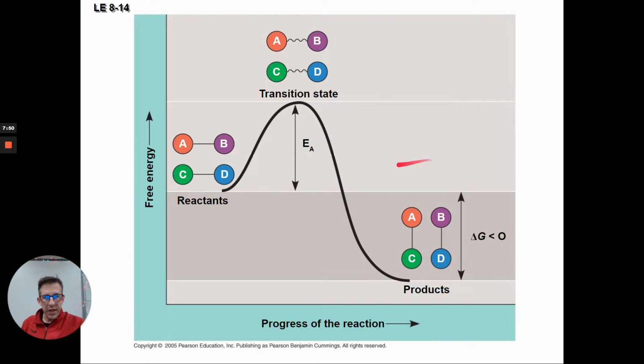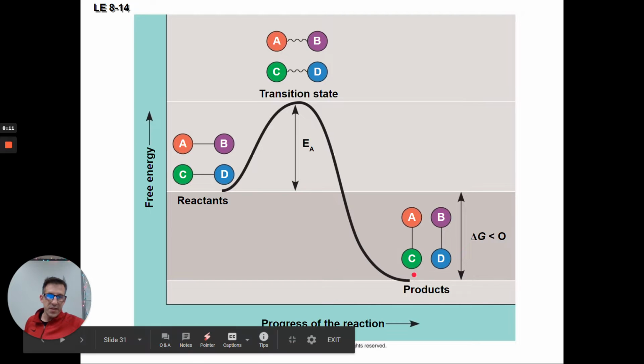And so what we're looking at here are the reactants, which have a certain amount of energy associated with them, which is why they're about halfway up on this energy graph, right? Then when those reactants undergo a chemical reaction and turn into the products, we see the amount of energy that the products have here, okay?